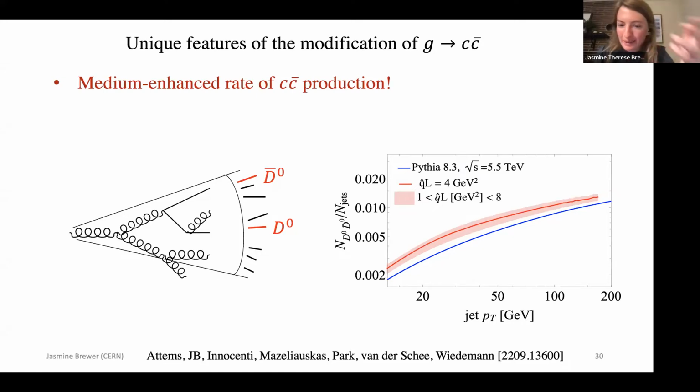And happily, what we found at the end of that exercise is that this particular ratio, if you look at the number of DD bar jets to the number of jets, and then take the ratio of this between proton-proton and heavy ion collisions, is maybe even surprisingly direct access to just this gluon to CC bar.